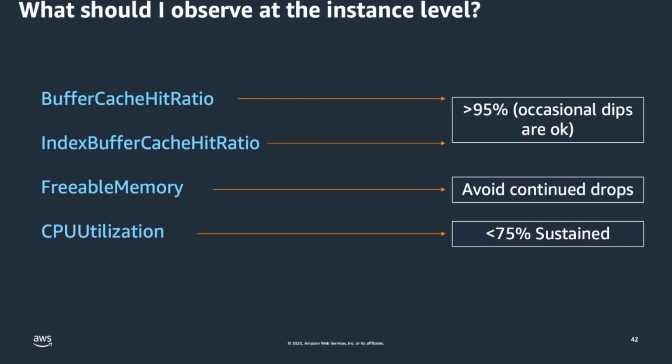Freeable memory and CPU utilization should be looked at just like at any other EC2 instance. You don't want free memory to drop continuously. Again, occasional drop is fine. And you don't want sustained high usage of CPU as well. If your CPU utilization is consistently above the threshold, then consider query tuning or scaling up your instance size.